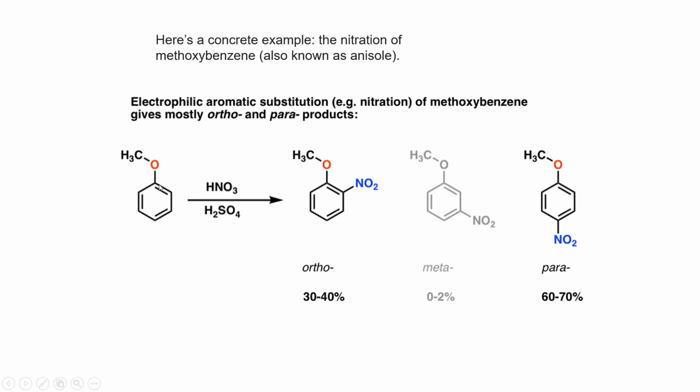The methoxy group is an alkoxy group, which is an ortho-para directing group. Hence nitration of methoxybenzene will give ortho nitromethoxybenzene and para nitromethoxybenzene. As you see, the para product is formed more because it has more stability.